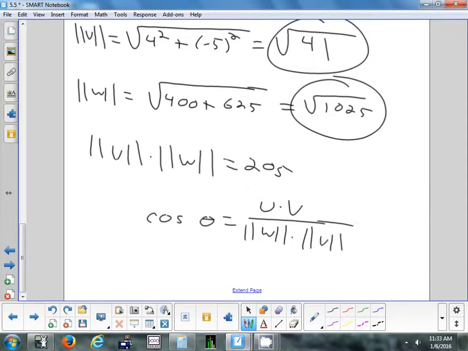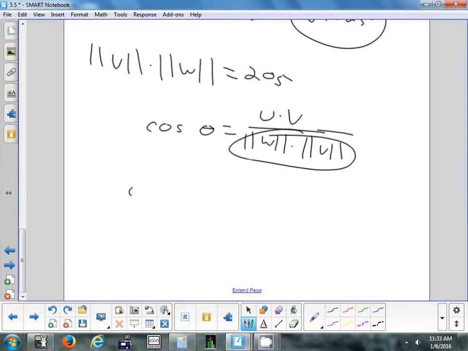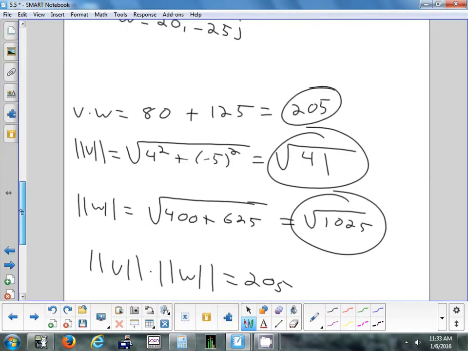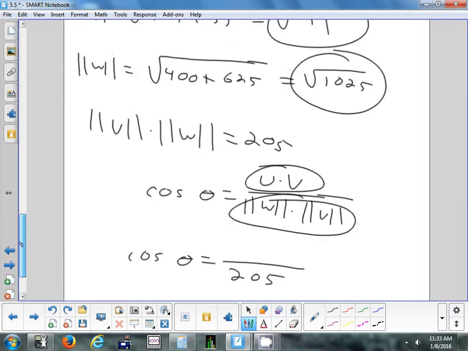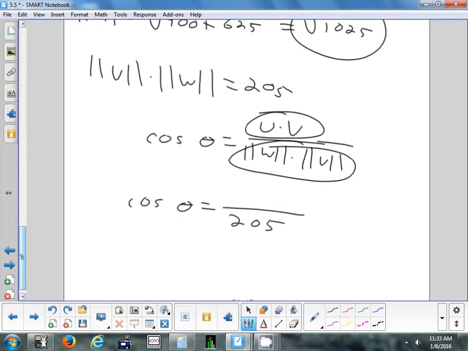That came out to 205. What did my dot product come out to? 205. Yep. I think we used U and W, V. It doesn't matter what letters you use.